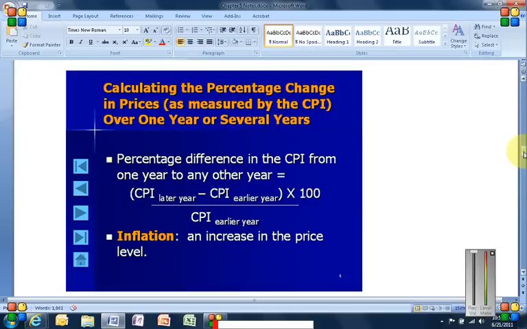The formula is here. You would do the CPI of the later year minus the CPI of the earlier year, divided by the CPI of the earlier year, times 100. And if you stop and think about that, it's the same formula you've used in basic math classes to figure out a percentage change in some other situation.